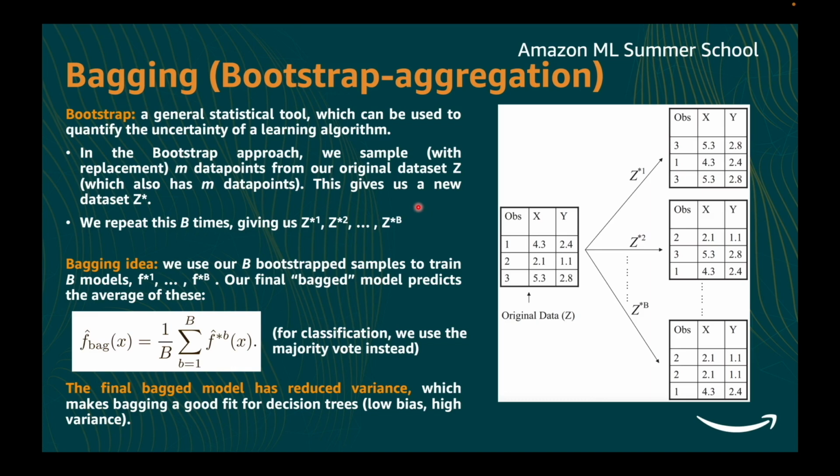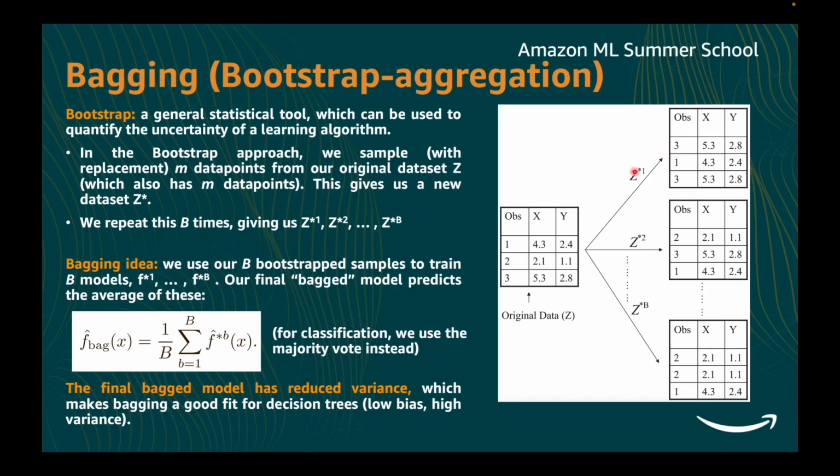What it does essentially is that you start with an original data set, and suppose your data set has m data points. You resample your data set, meaning for each data point you uniformly pick it with replacement, and you create a new data set which has again m data points. With replacement means that some of the data points might be repeated.